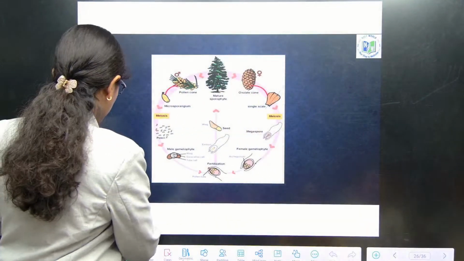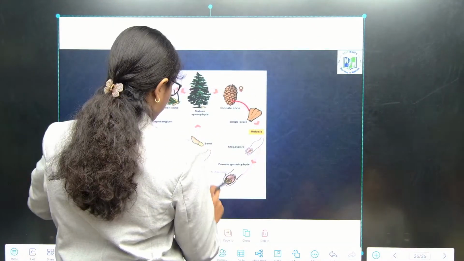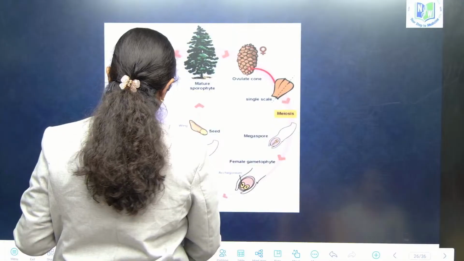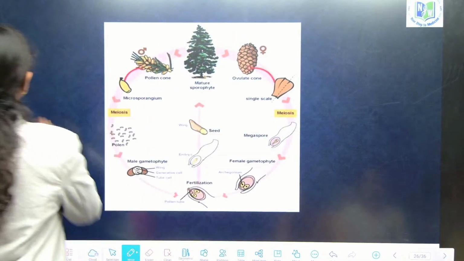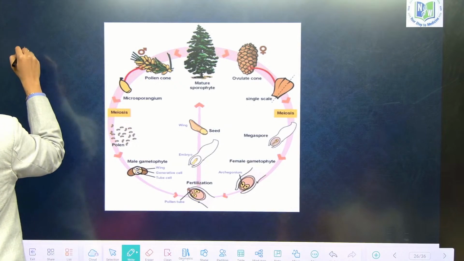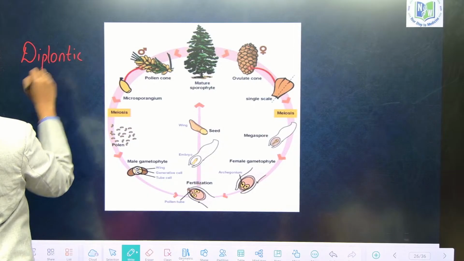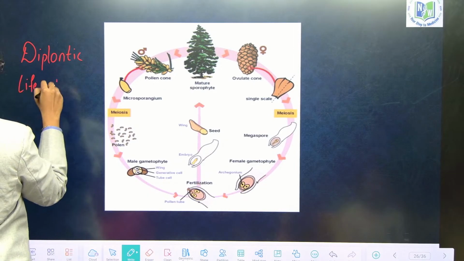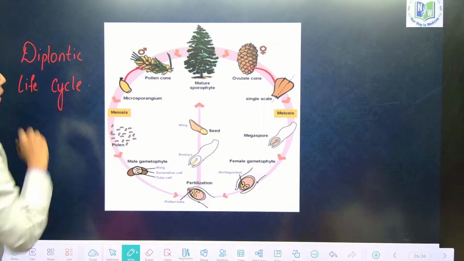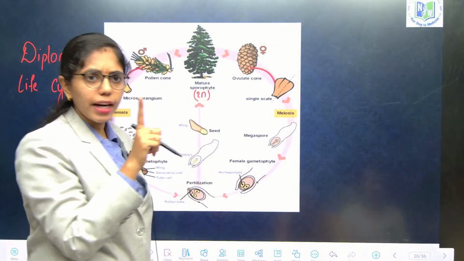So this is the life cycle. Listen carefully. The gymnosperm life cycle is a diplontic life cycle. Mature sporophytes, ploidy is what? Diploid. All are heterosporous.